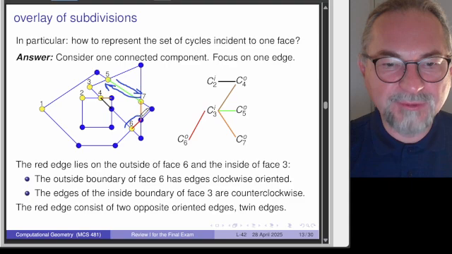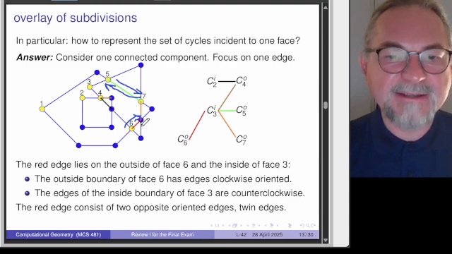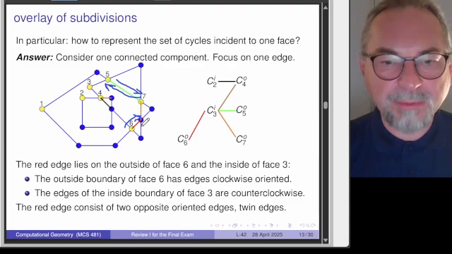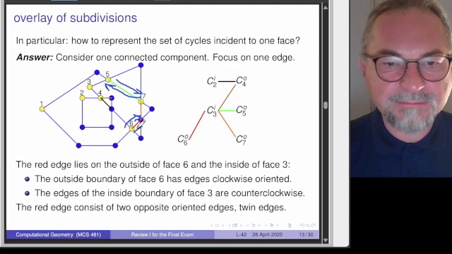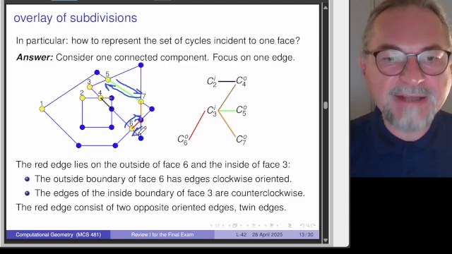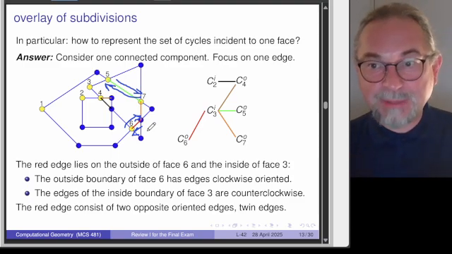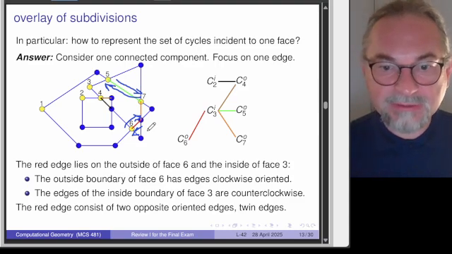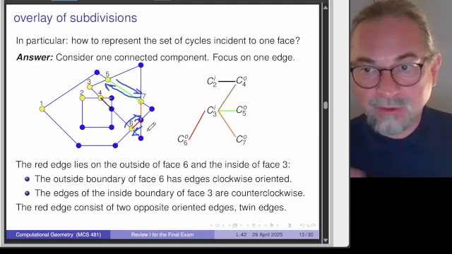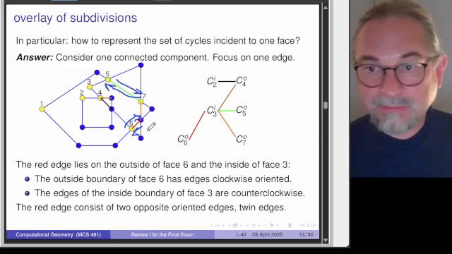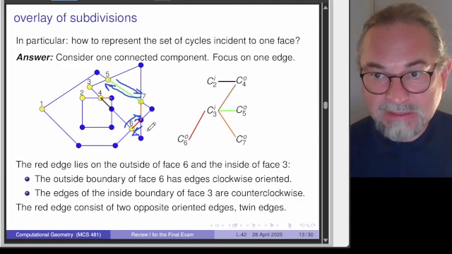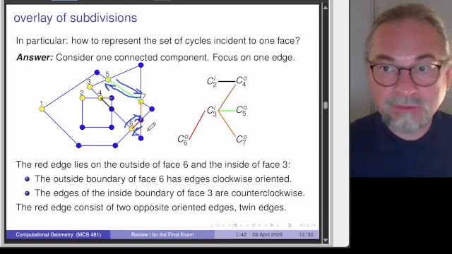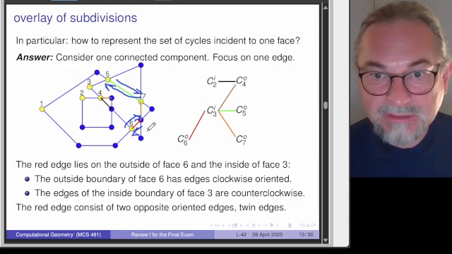Outside, I do this clockwise, so I go in this direction. Inside, I go in the opposite direction. So actually the red edge is represented by twin edges. From an edge I can go to the twin, which also means that from one face I can go to the adjacent face.